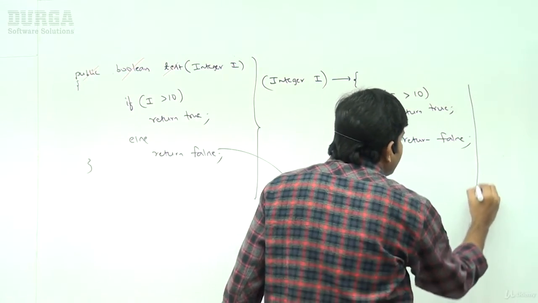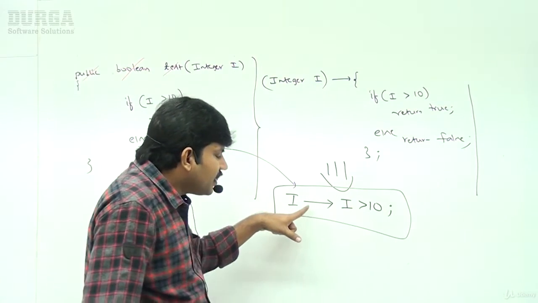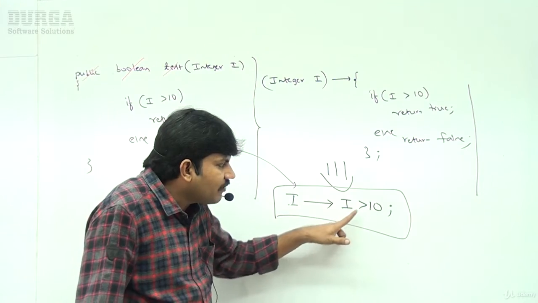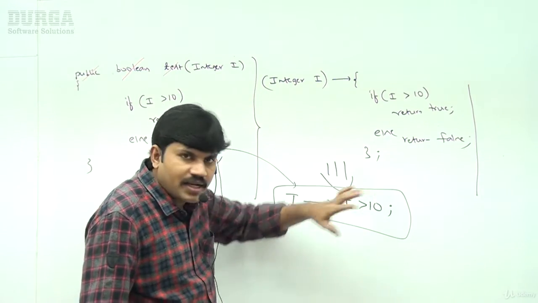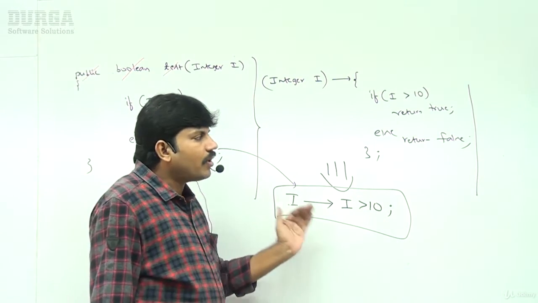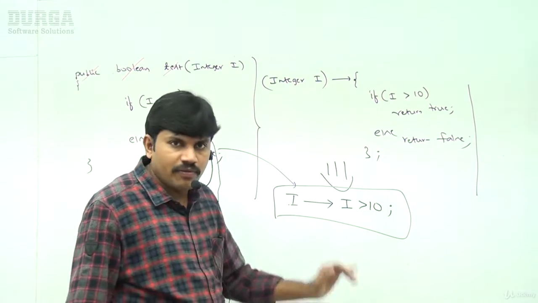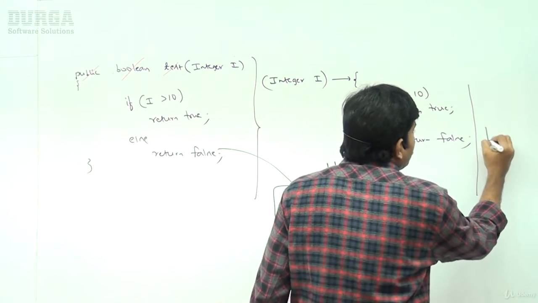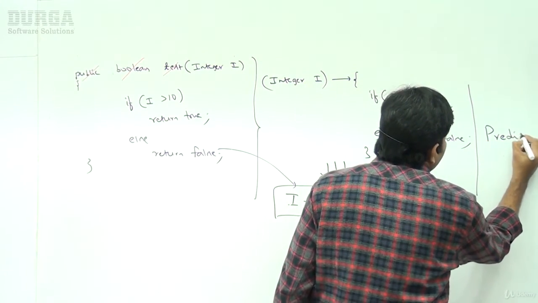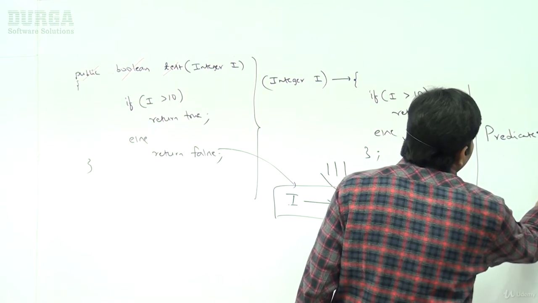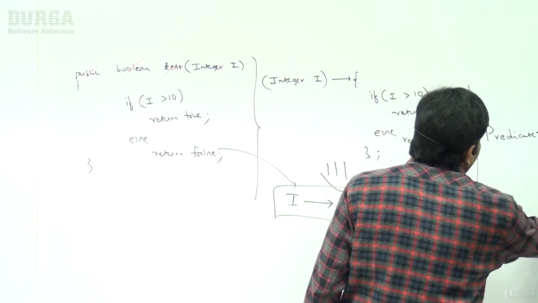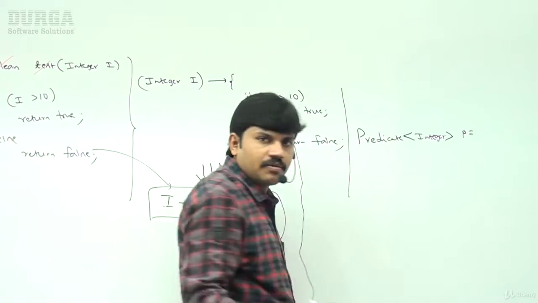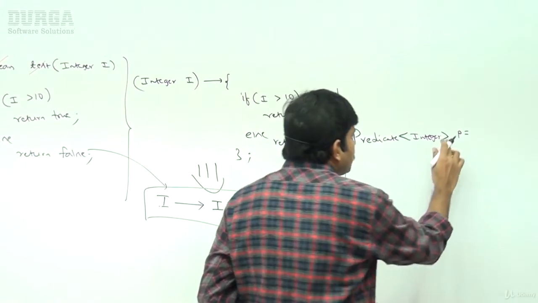Observe this one. What is the type of i? Integer type. What is the condition? i greater than 10. This is the conditional check I have to perform. How can I write the equivalent? This is the equivalent lambda expression, and the equivalent predicate is Predicate of Integer p equals i gives i greater than 10.